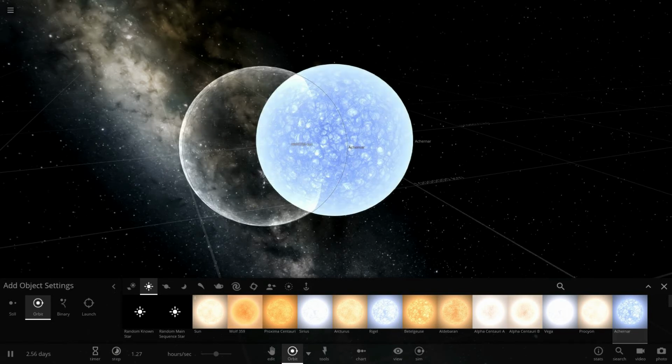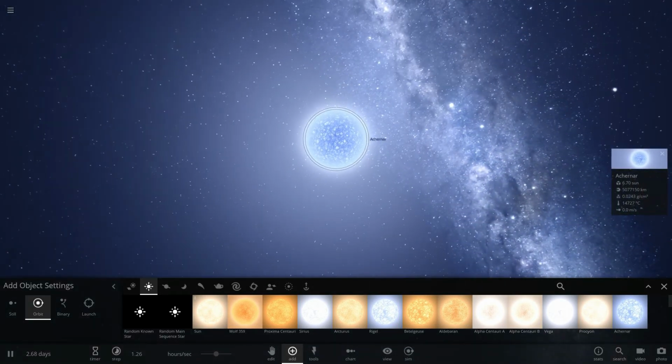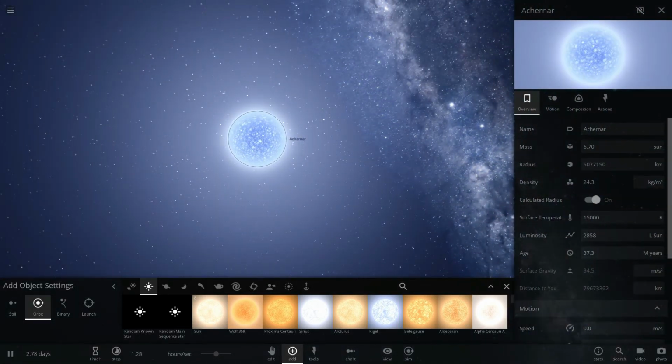So we take this, and this is where it reaches 2,858 times the luminosity of the sun. That's 2,858 times the energy released by the sun. These stars will cook your planets.